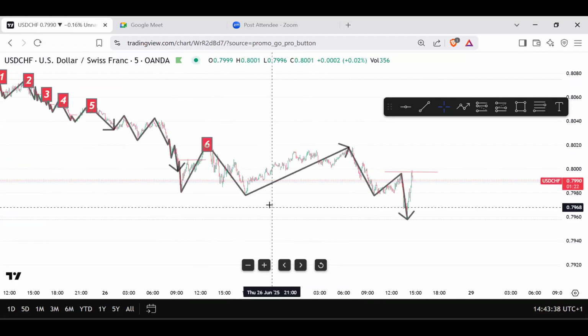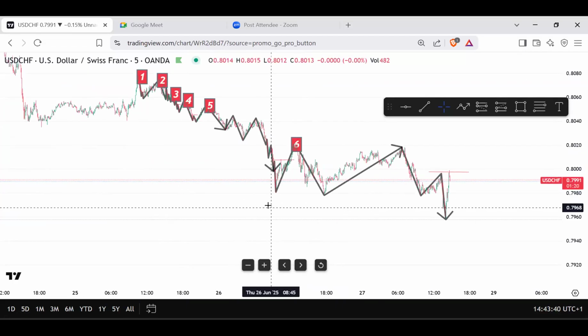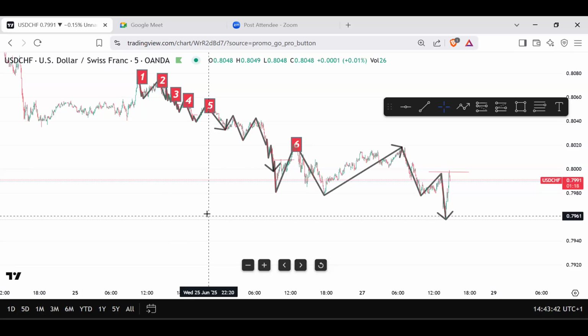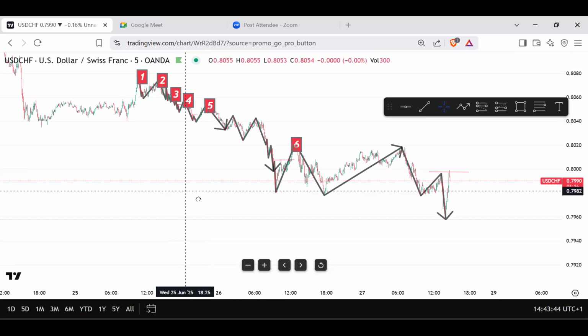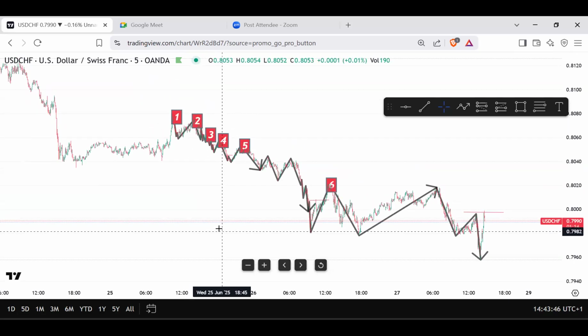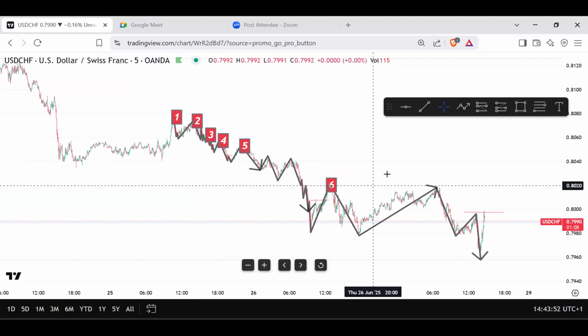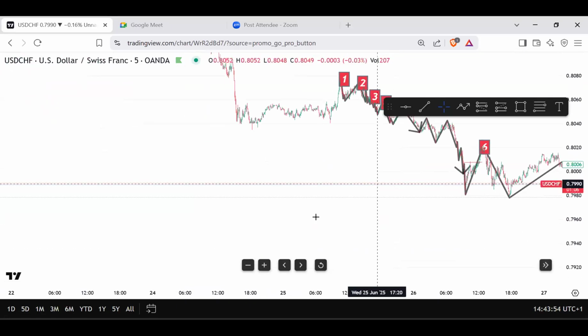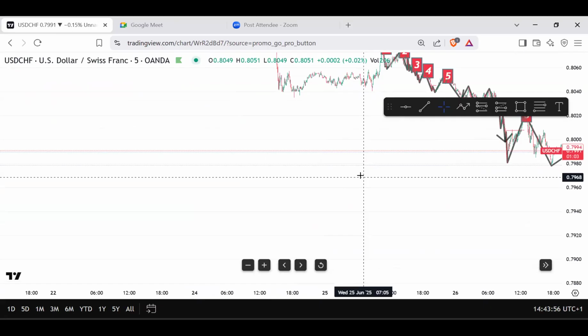What we just want to understand now is how to identify impulse, inducement, correction, continuation. Will you be able to do that? Yes, I can definitely do that on the chart.